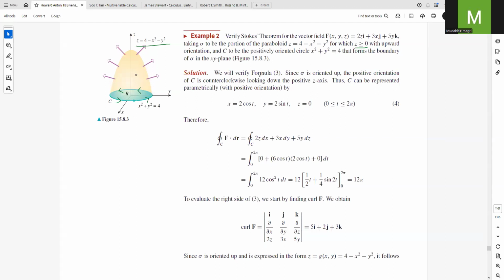And we will verify this, that is, the left and right hand sides of Stokes' theorem.